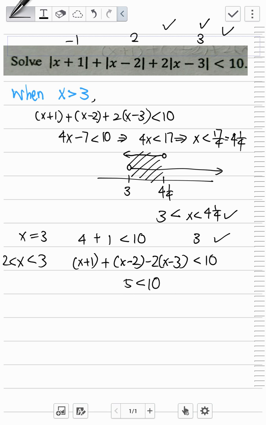That means all these values are accepted. So that means x between 2 and 3 satisfies this equation. If you choose any number between 2 and 3 and plug inside, you will satisfy this equation. And hence we put a tick here.